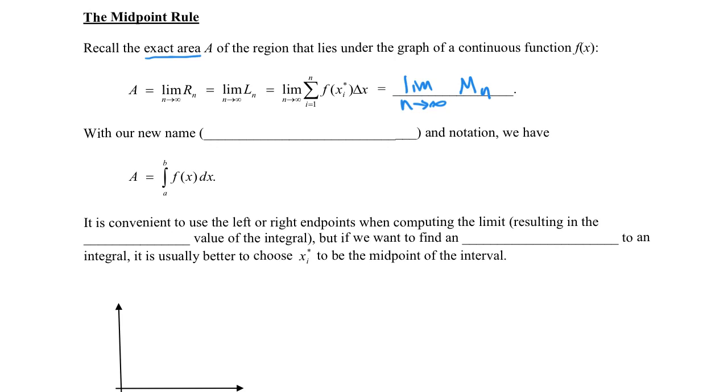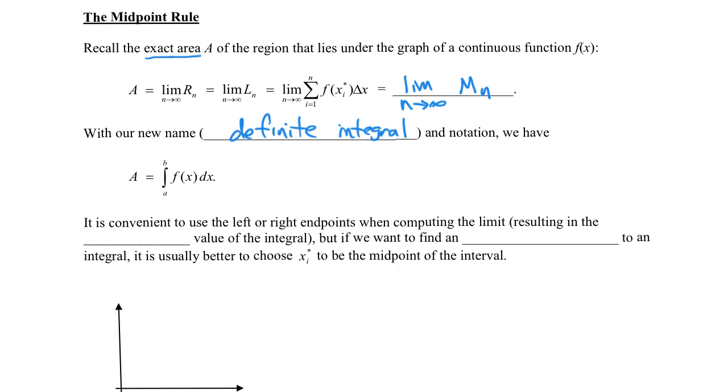So with our new name, and our new name is definite integral, some of you may have heard the expression indefinite integral. We'll see that in 5.4 we'll make that distinction. But a definite integral means that these endpoints, a and b, are here.